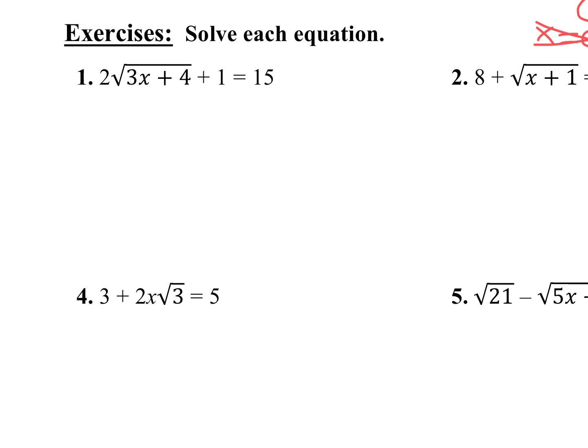For number 1, we're going to isolate the radical. So I'm going to do 2 steps at once. I'm going to subtract the 1 and divide by 2 at the same time. So I end up with 7 over there. And now the index is 2, so I can square both sides.